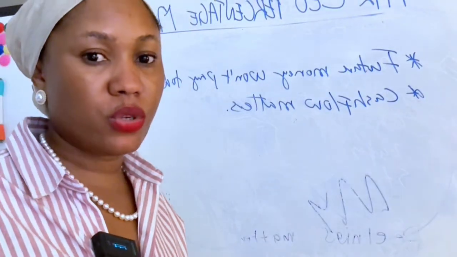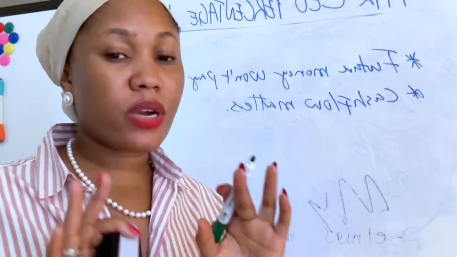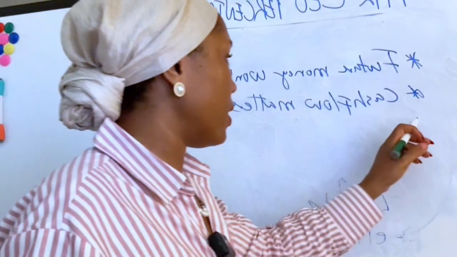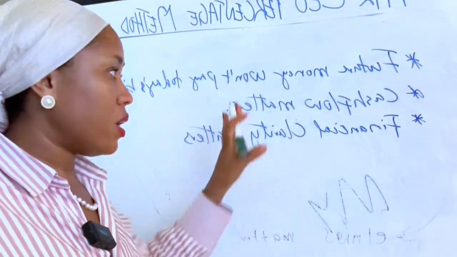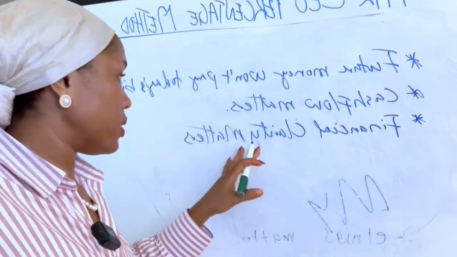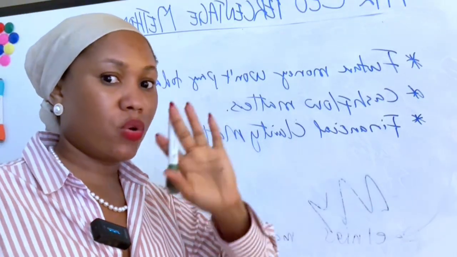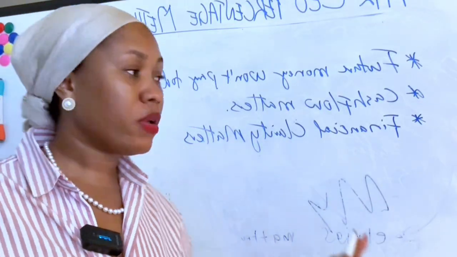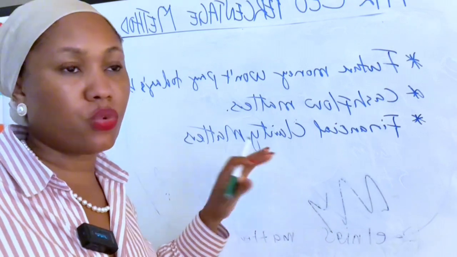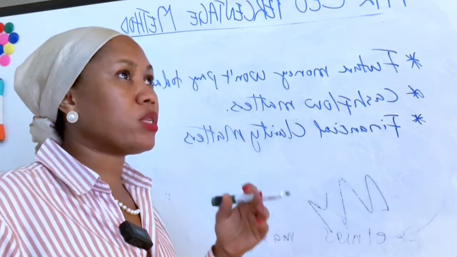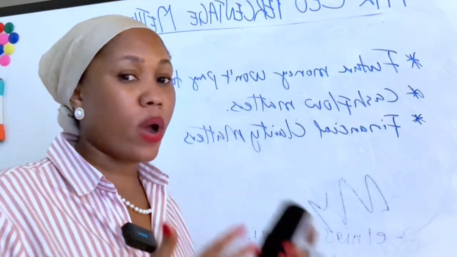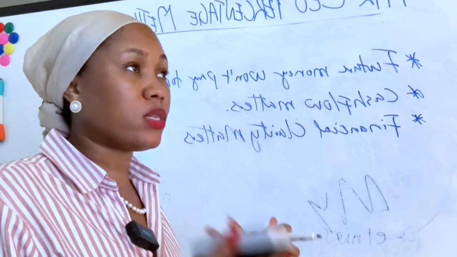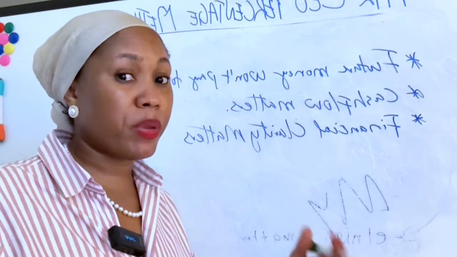Next thing I want you to understand is that financial clarity matters. I'm going to add that there. And I'm going to cover clarity in a whole different course, because most times people think, I'm consistent, I'm doing this thing. What are you consistent about? Because if you're consistent about nonsense, you're going to repeat nonsense.